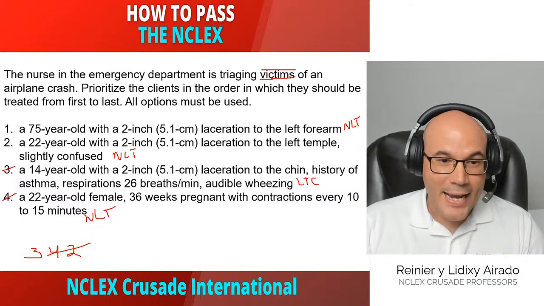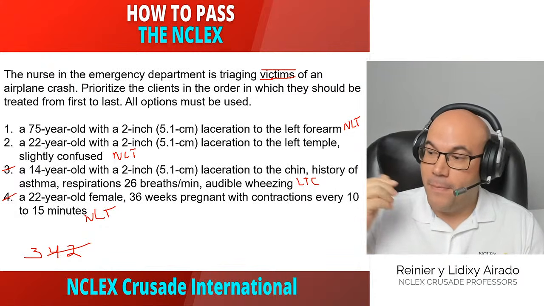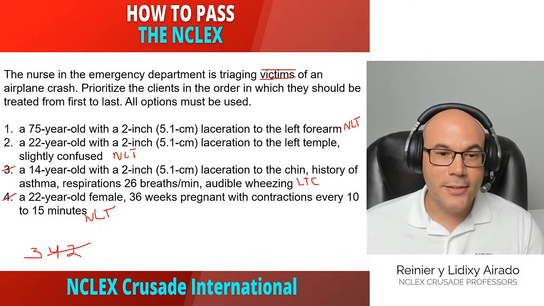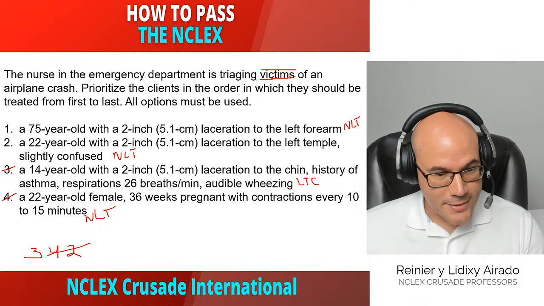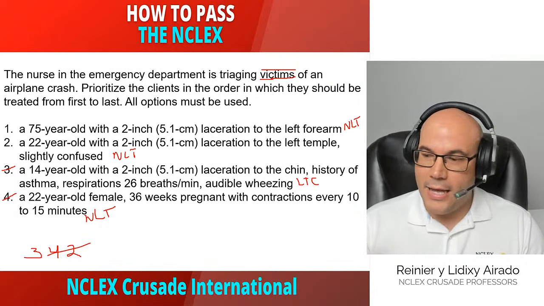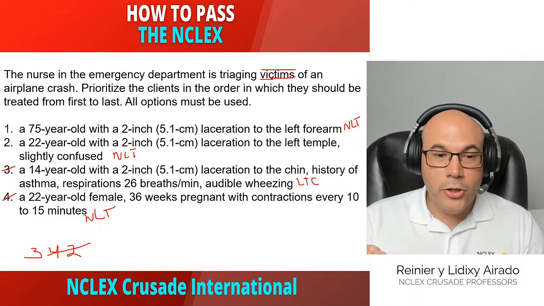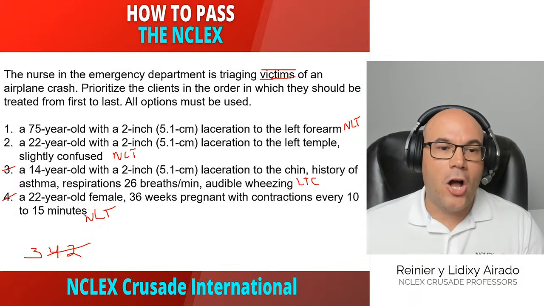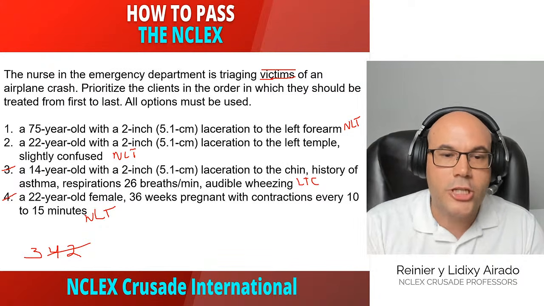In reality, we have 2 patients: the pregnant female, the mother, and the fetus. When we compare answer number 4 and answer number 2, answer number 2 is the priority because there is a change in neurological status.